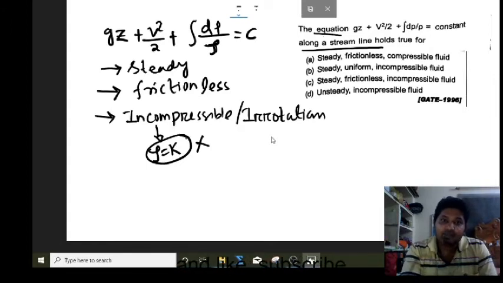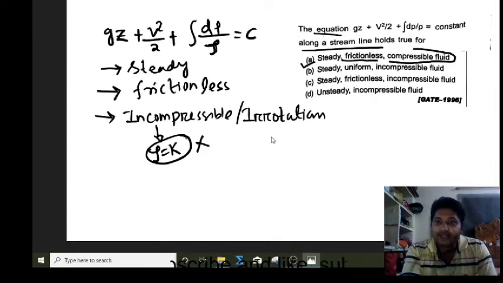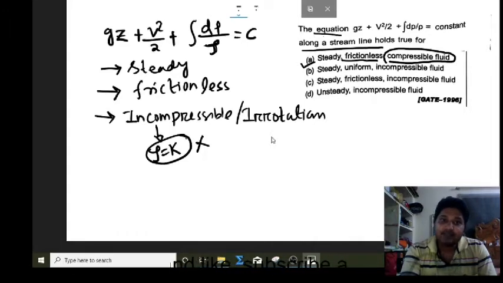The other assumptions are valid: steady, frictionless, and compressible fluid, because density is a function of pressure. As pressure increases, density is changing. That's why it is kept inside the integration. So the correct option is steady, frictionless, and compressible.